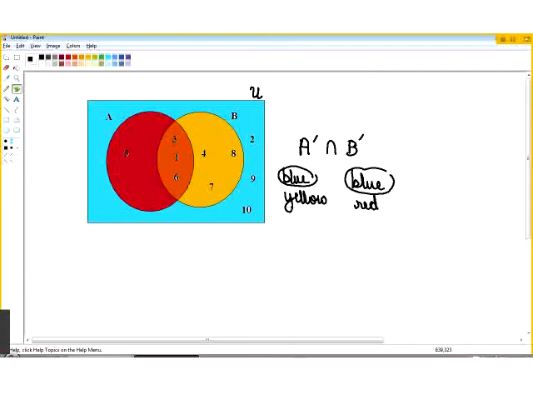A prime intersect B prime. We're looking at what is outside of A and outside of B at the same time, and our answer is going to be 2, 9, and 10. Outside of A and outside of B at the same time. Alright?